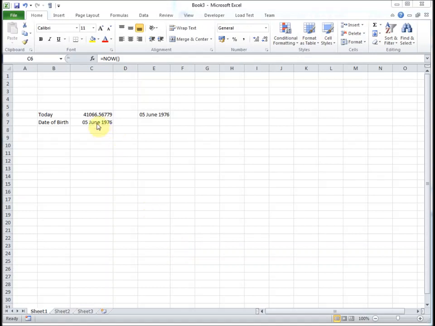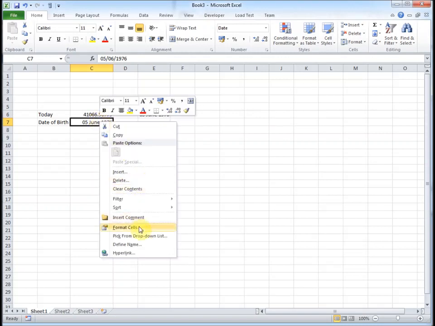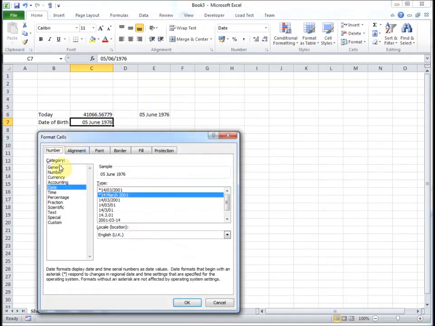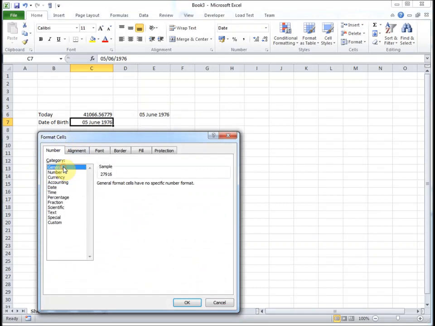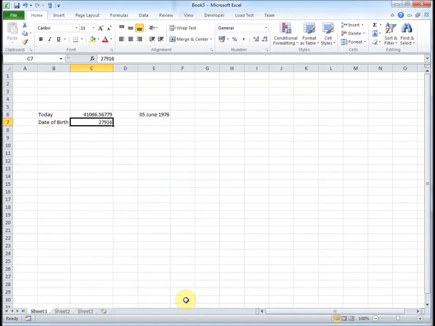So if I look at that date of birth there and right-click it and format it and make it again a general number and OK, we see that that's 27,916. It's actually the number of days that had elapsed between the 1st of January 1900 and the 5th of June 1976.